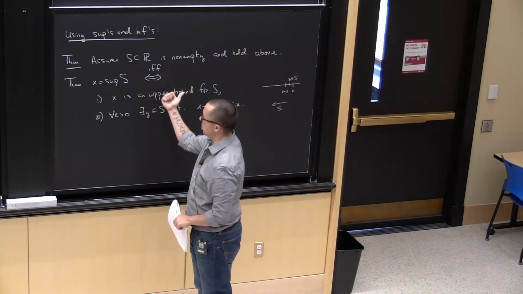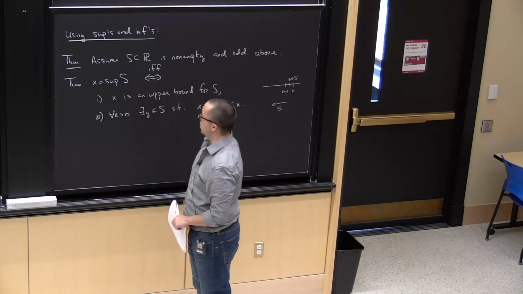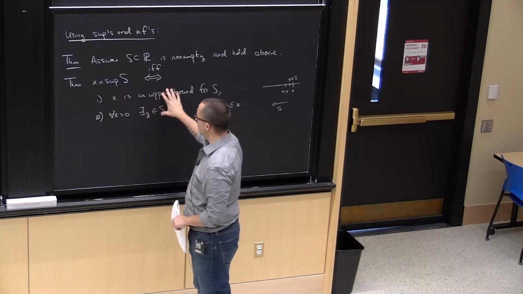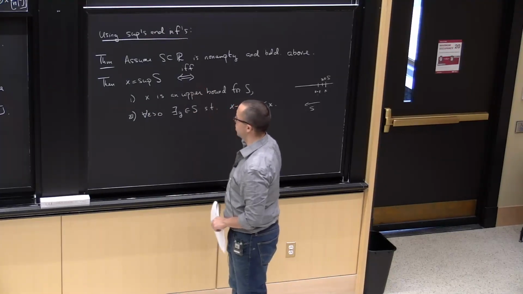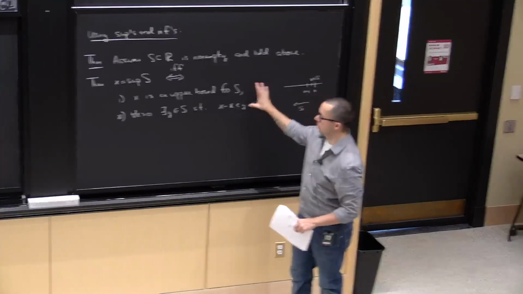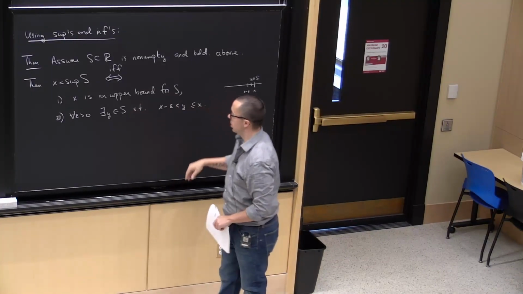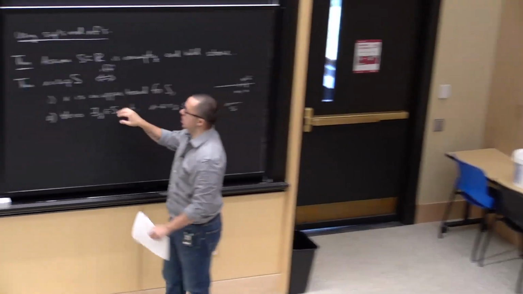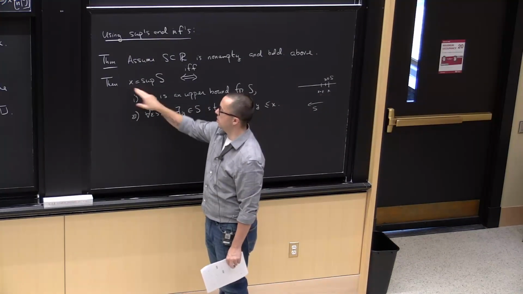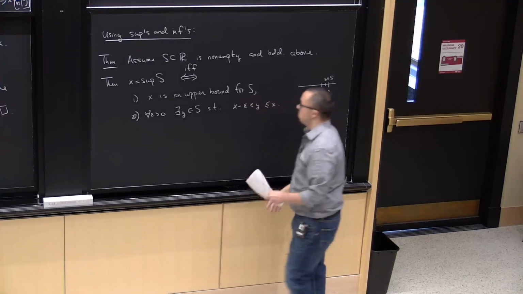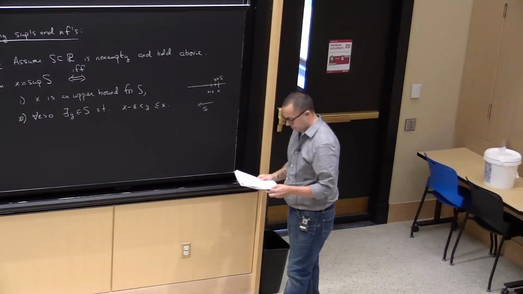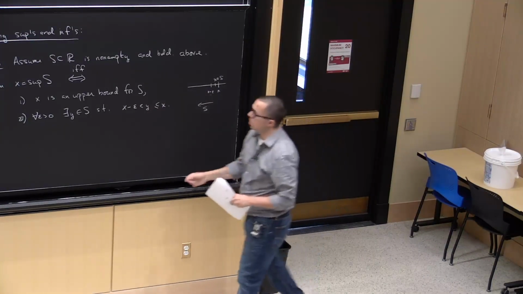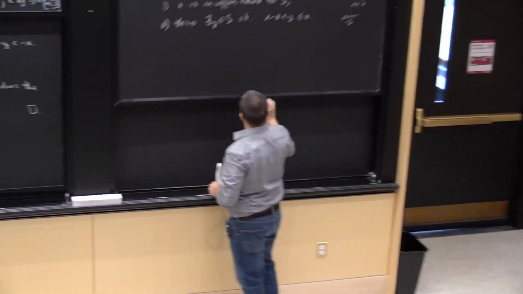Namely, if x is the supremum of S, then these two conditions are satisfied. And then on the assignment, I'll have you prove the other direction, basically, that these two conditions imply that a real number is the supremum of S.